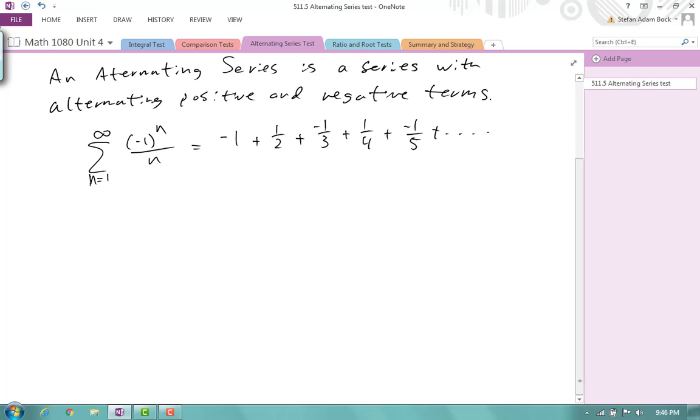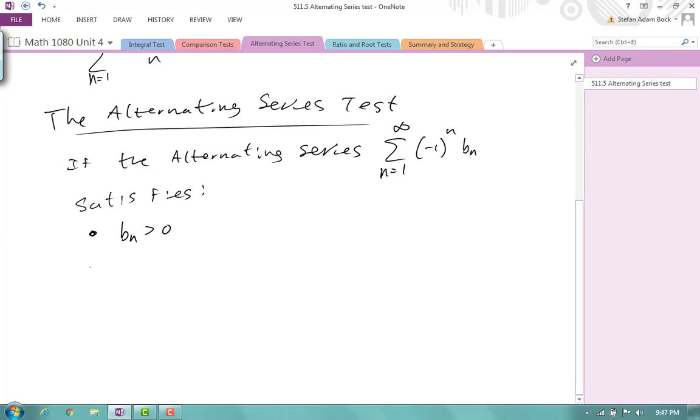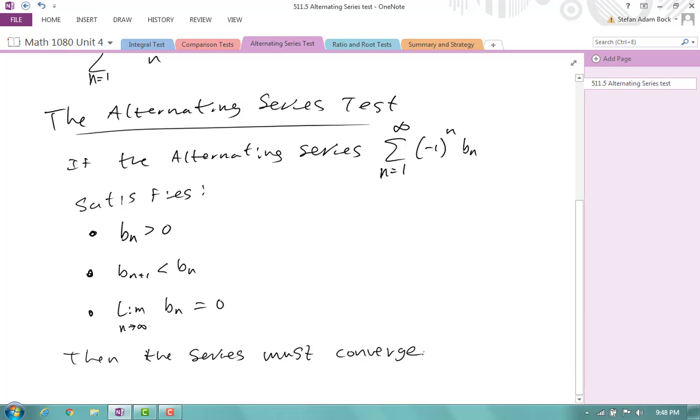So the test is as follows. If the alternating series, written as the sum from n equals 1 to infinity of -1 to the n times b sub n, satisfies b sub n greater than 0, basically I have positive terms that are multiplied by -1 to the n, which represents the alternating signs, positive, negative, positive, negative.